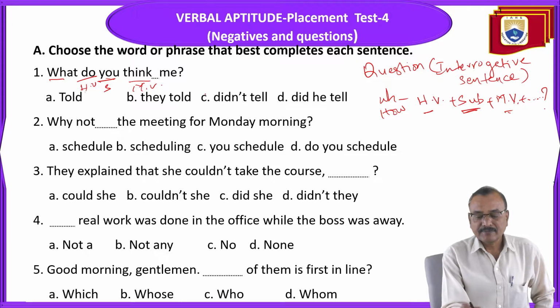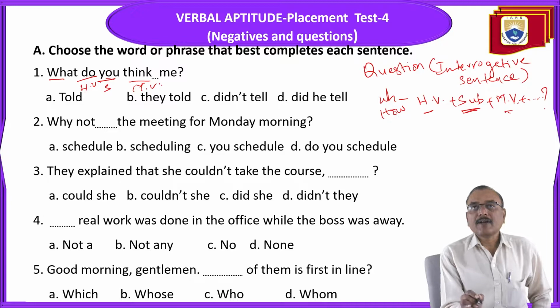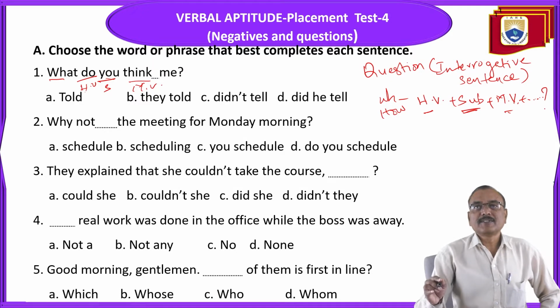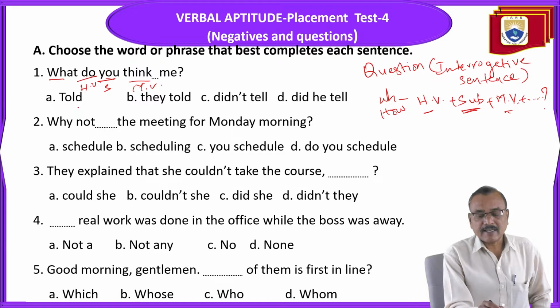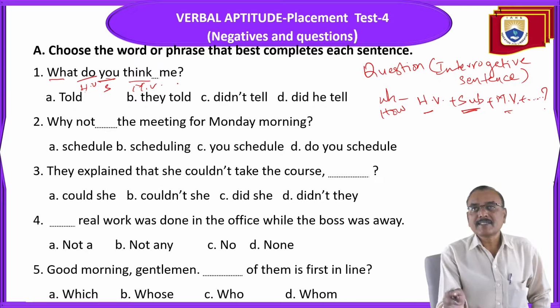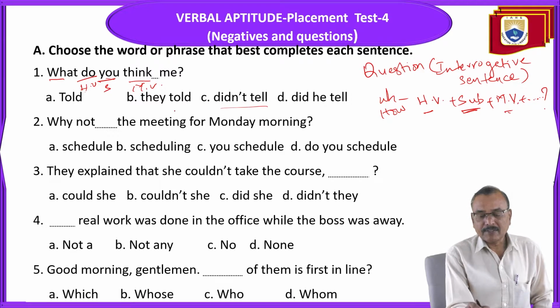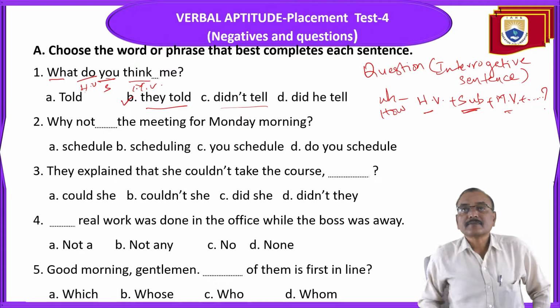So simply, what do you think of me? What do you think he told me is not correct. What do you think didn't tell me is not correct. What do you think they told me is the correct one.